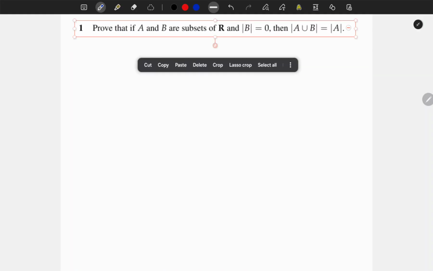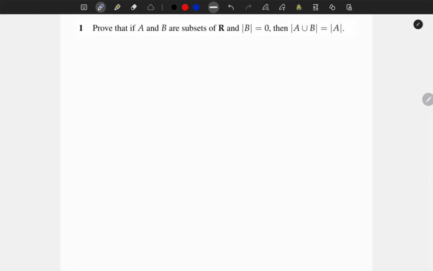So here's the first question. Prove that if A and B are subsets of R and the outer measure of B is 0, then the outer measure of A union B equals the outer measure of A. As we know, we are going to prove two directions.